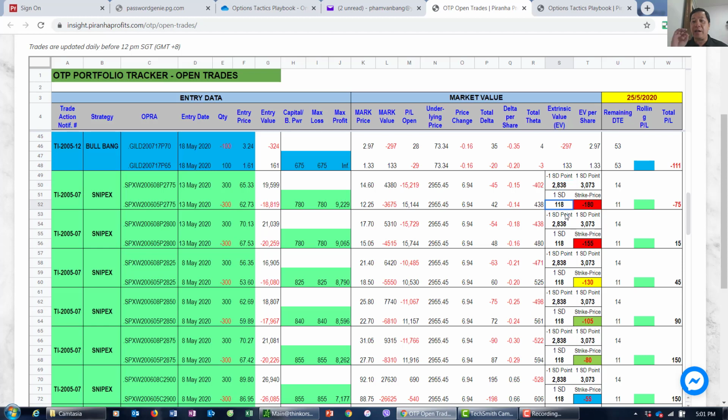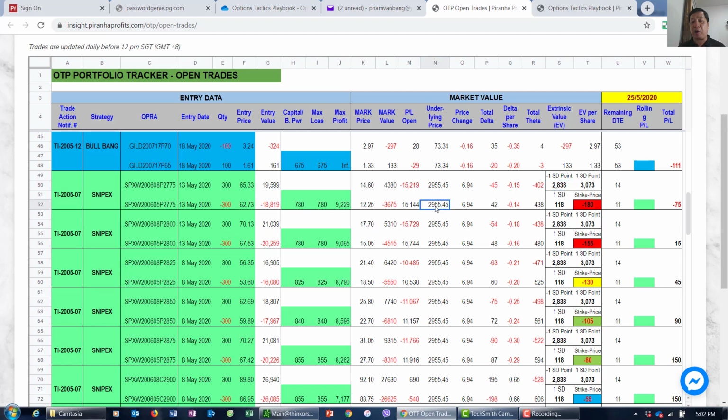A little bit on this one also. So you have the one SD indicator, which just tells you the magnitude of the move, right? Secondly, based on that, you will figure out what is the negative 1 SD point and what is the positive 1 SD point.